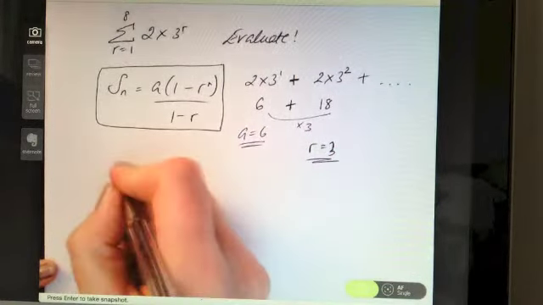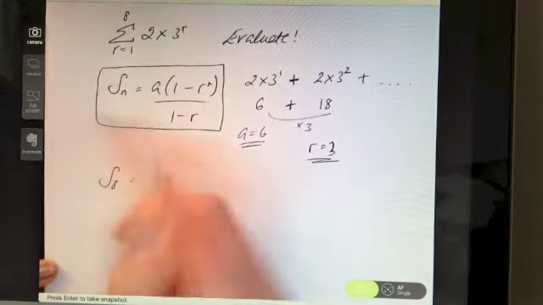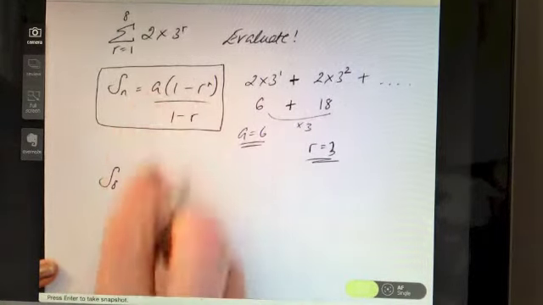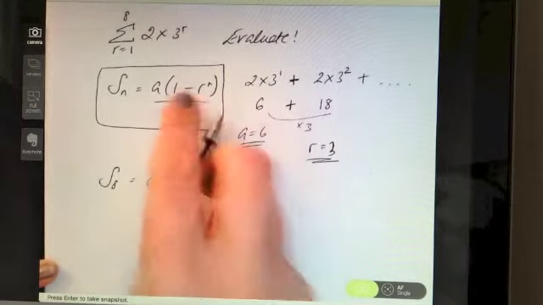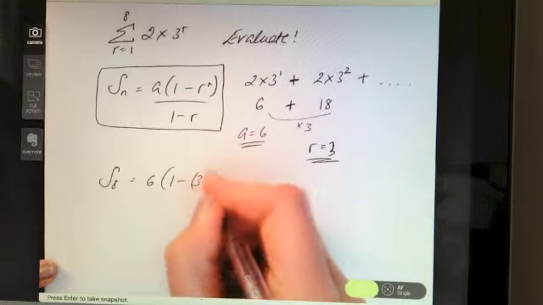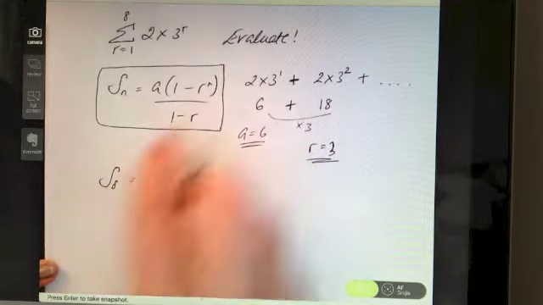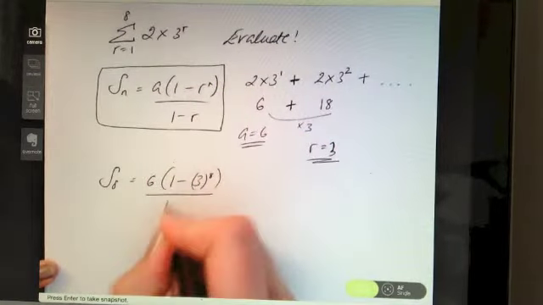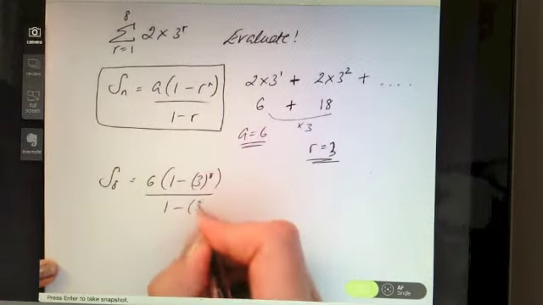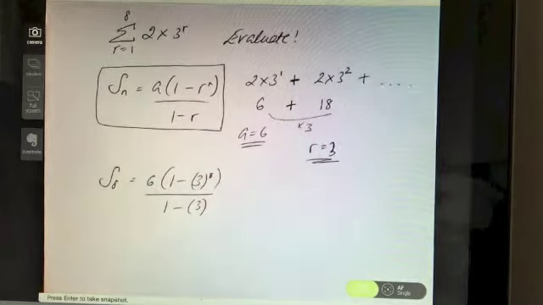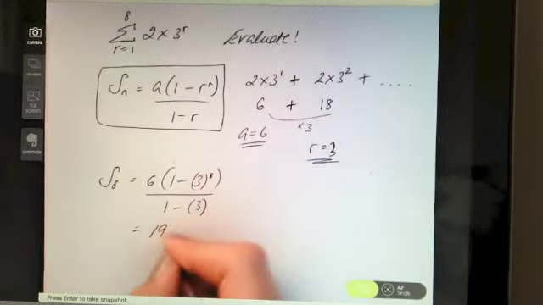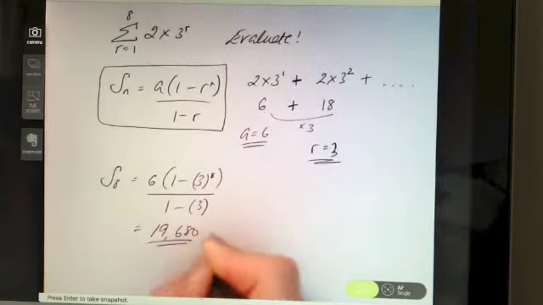So filling in for the sum of the 8 terms, a is 6, 1 minus the common ratio, which is 3, to the power of 8, n, over 1 minus r, and r of course is 3. And then we just need to evaluate this on the calculator, being very careful. It works out to be 19,680.